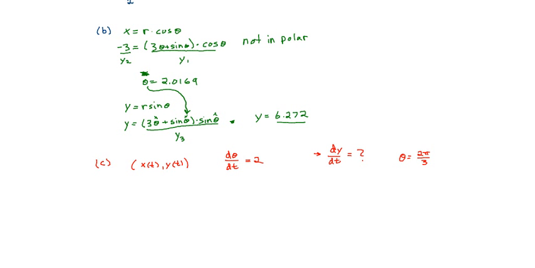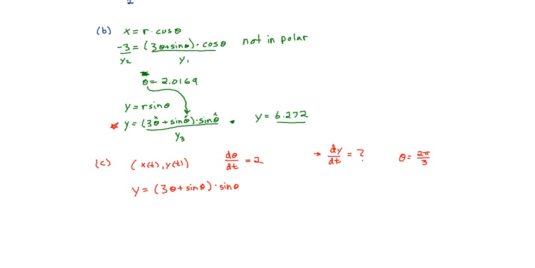Let's see, we have an equation for y already. Y equals, it's right here, 3 theta plus sine theta times sine of theta. Now, there's an issue here. I'm going to write this out this way.